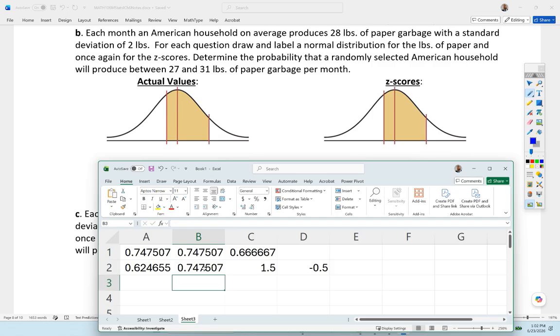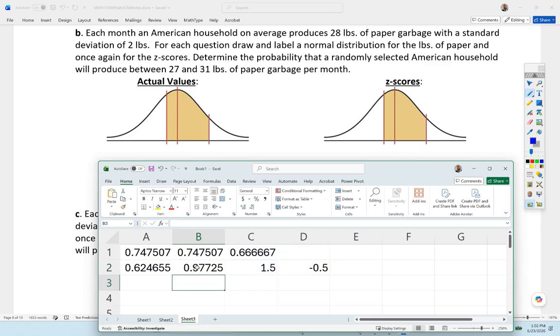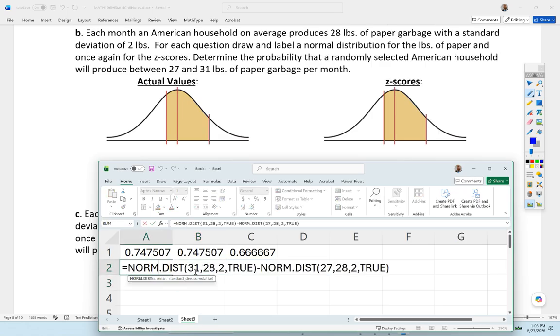Whoa, wait a minute. What did I do? Oh, it's 2, not 1. There we go. Wait a minute, C2 D2. What did we do? 31, 28.